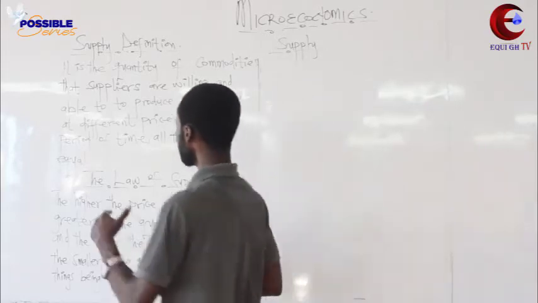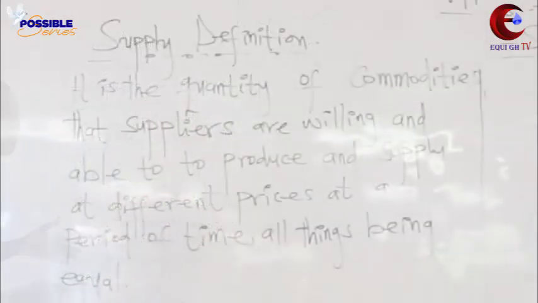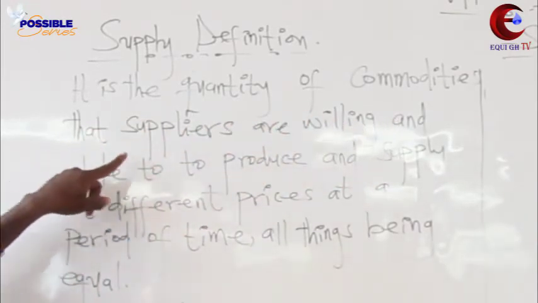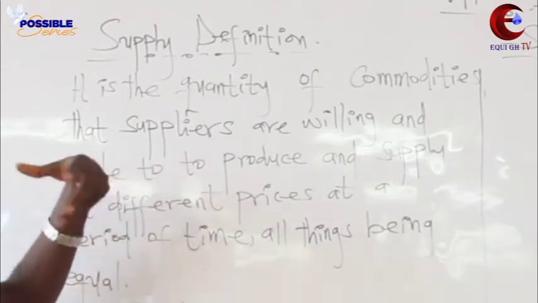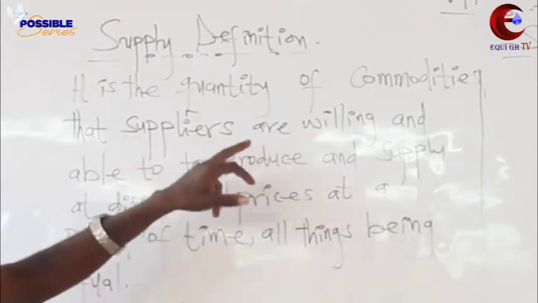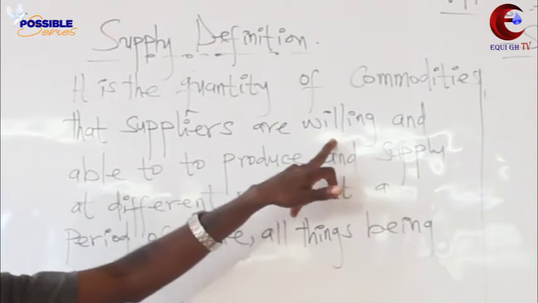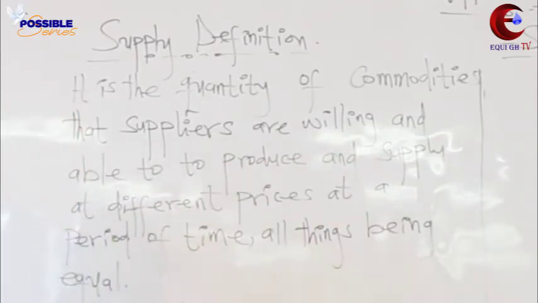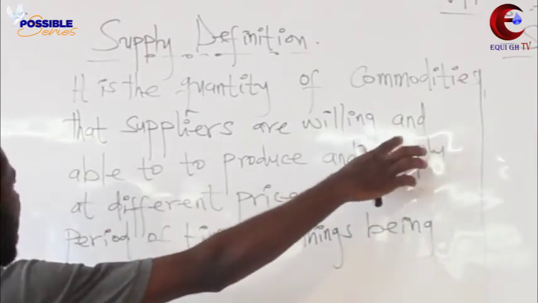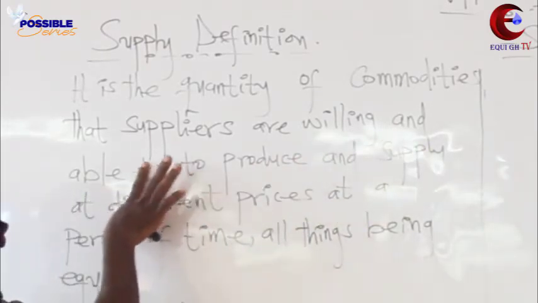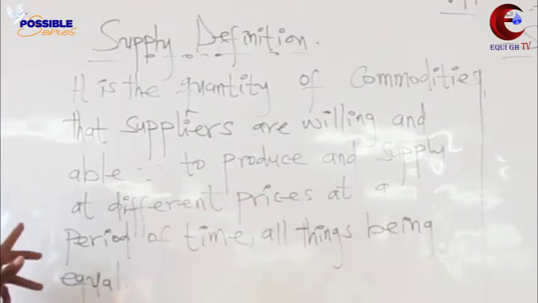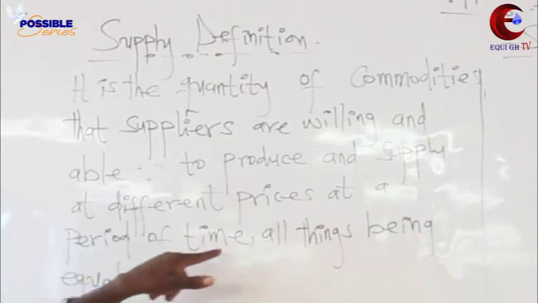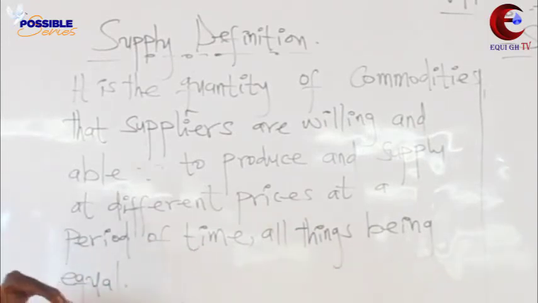So the definition of supply is the quantity of commodities that suppliers or producers are willing, and you have seen that the word willing has come here again. Once you have explained it under the concept of demand, it still applies. Supply is the quantity that they are willing and able to produce and supply at different prices at a period of time, all things being equal.